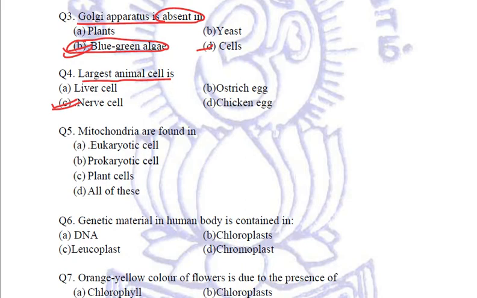Next question is, mitochondria are they found in eukaryotic cells, are they found in prokaryotic, plant cells, all of these? Answer is eukaryotic. In prokaryotic cells we don't have mitochondria, right? So in eukaryotic cells we'll find mitochondria. Plant cells, animal cells, both are included in eukaryotic cells.